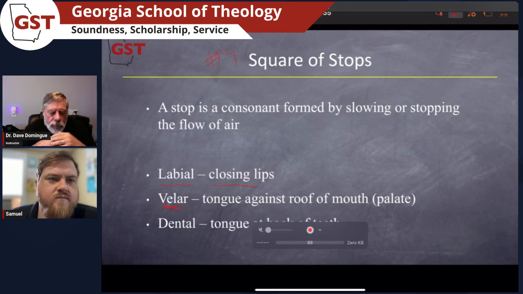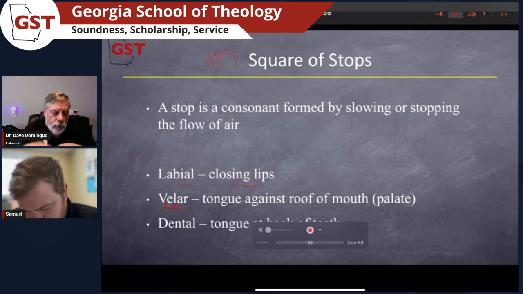And then you have other sounds, dentals, where your tongue is not really touching your teeth but is coming up to the back of your teeth, such as the delta and the tau. Those sounds are made by how you form your lips, where your tongue works, whether in the palate of your mouth or at the back of your teeth. So they're called labial, velar, or dental.